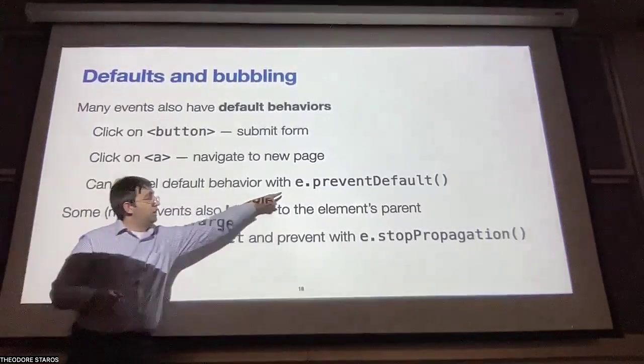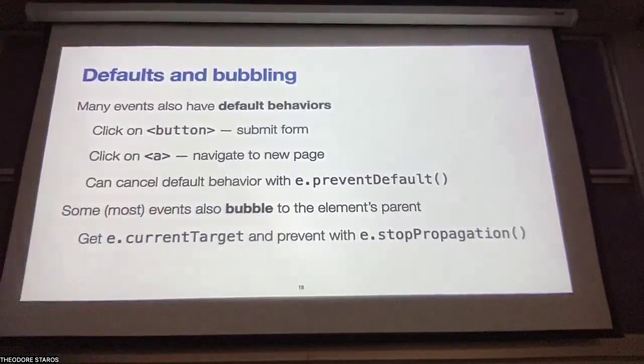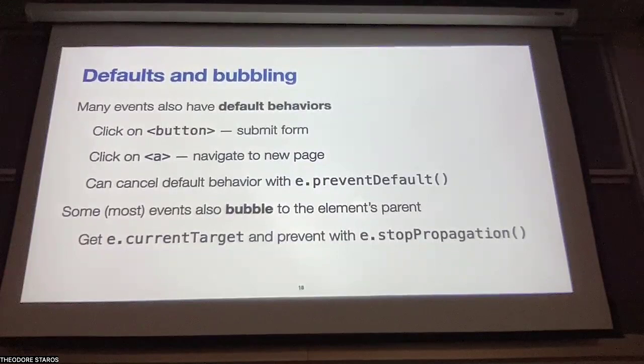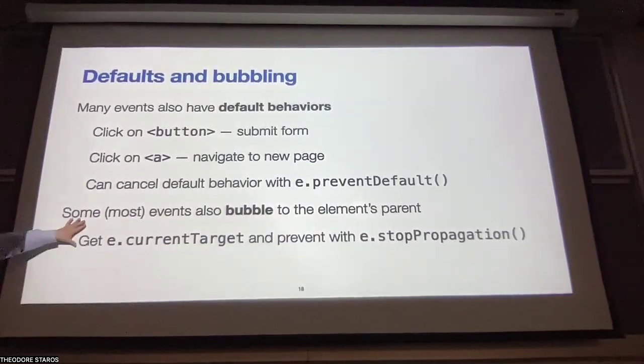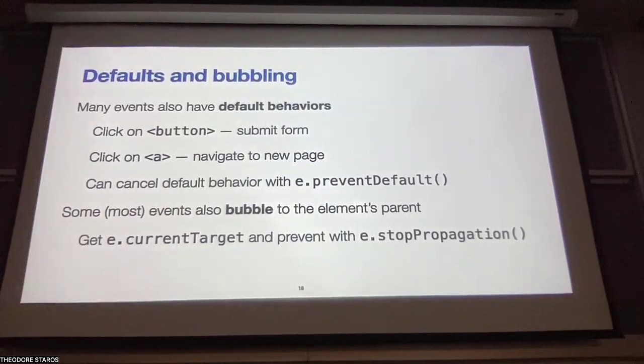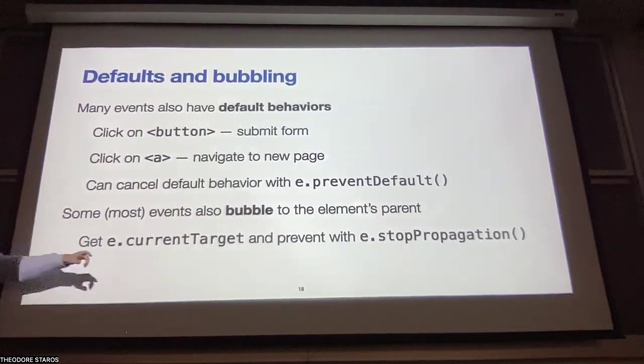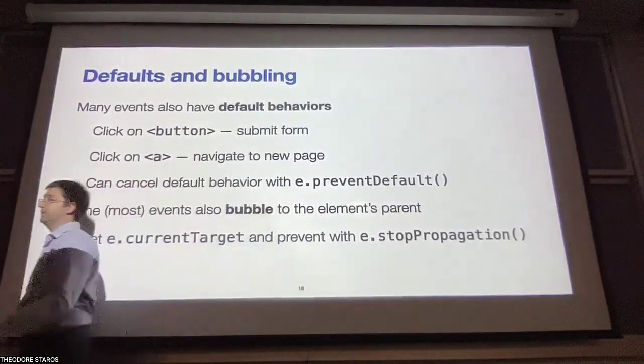There's a method you can call, preventDefault, and this method stops the browser from doing the default event. There's also this thing called event bubbling. Basically, if you hover over an element, you're also hovering over its parent, and its parent, and its parent. So this is what bubbling does. It bubbles up from children to parents. And there's a stopPropagation function. I don't really need you to remember this, but this is important.